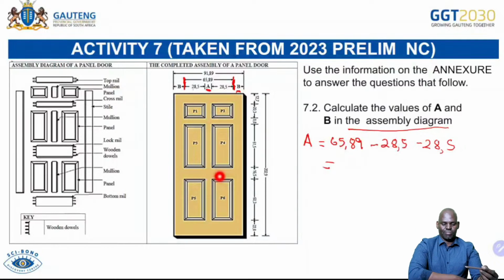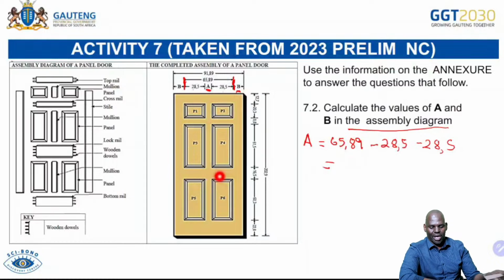If I take my calculator, I say 65.89 minus 28.5 minus 28.5, then I get 8.89.